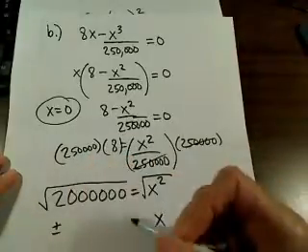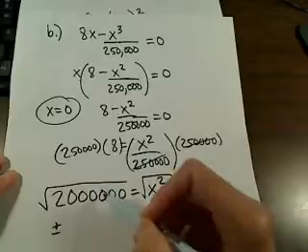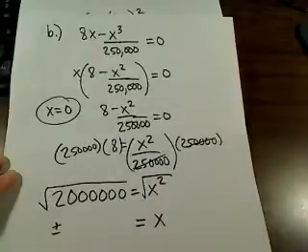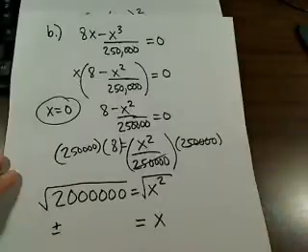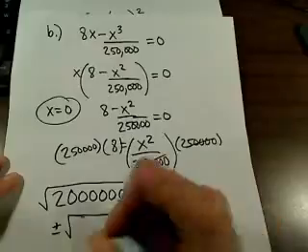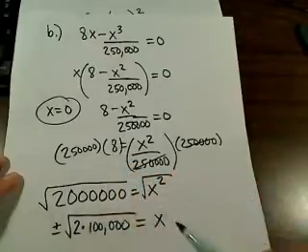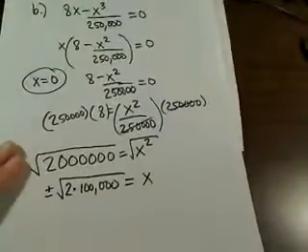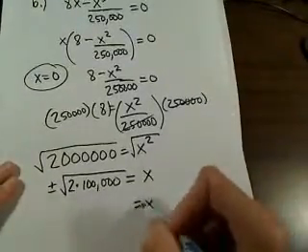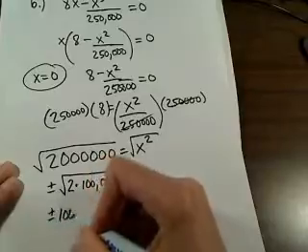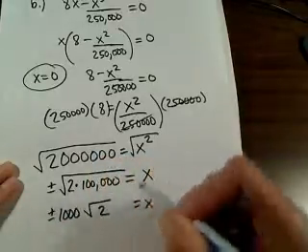It's going to be plus or minus, and I definitely see 1,000 in here. Actually, this is 2 times 1,000,000, essentially. I can take the square root of that 1,000,000 and it's going to be 1,000. So I'm simplifying this into its exact form.